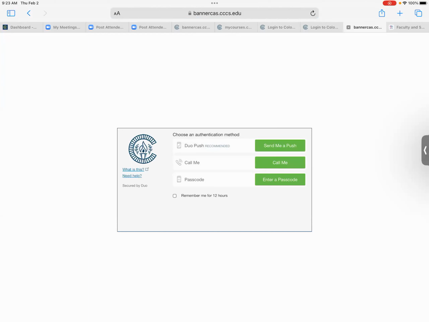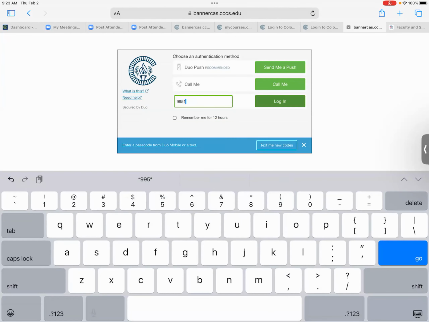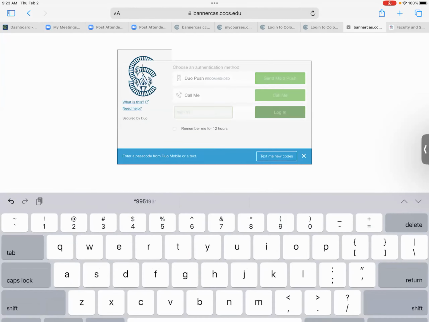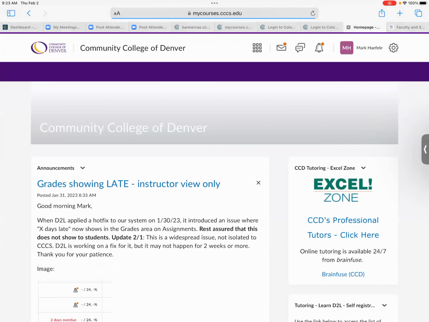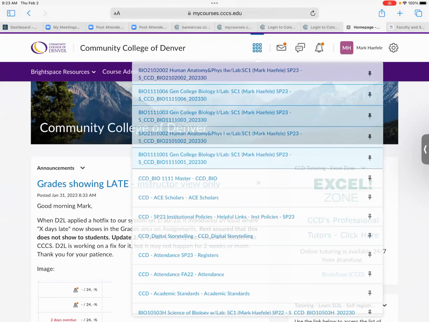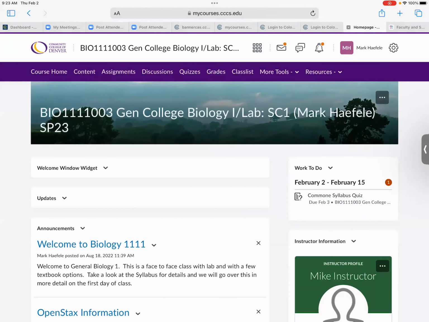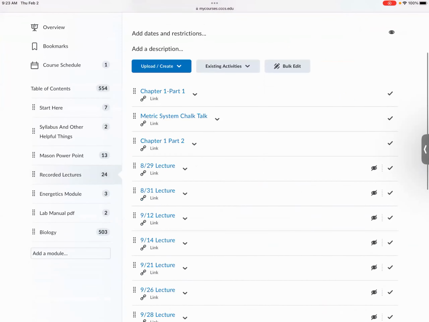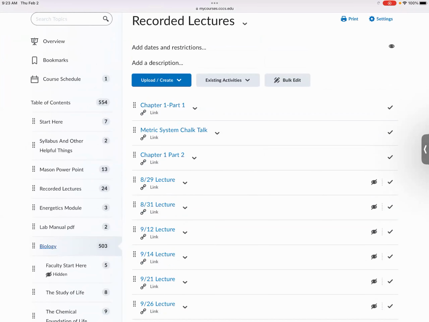Story of CCD, secure but not functional. Okay, so under content, let me see here.